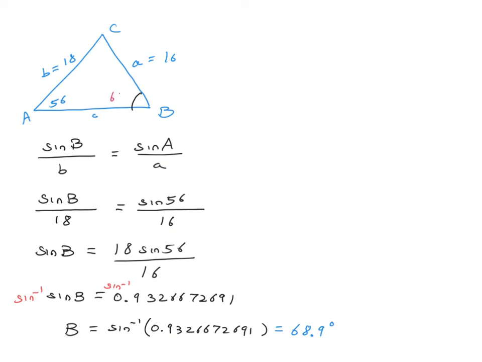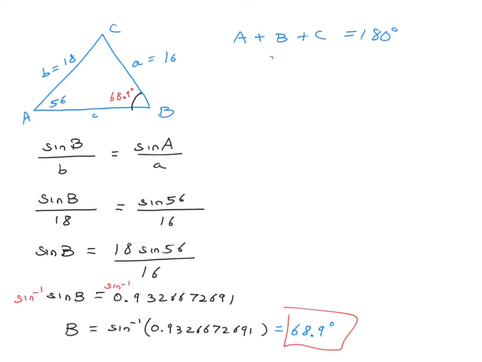And that looks pretty good for this angle. Put this up here, this is 68.9 degrees. It's definitely less than 90 degrees. This seems to be good with my picture, so we got angle B. Oh, this means we can get angle C pretty easily. The sum of angles A, B, and C equals 180 degrees.